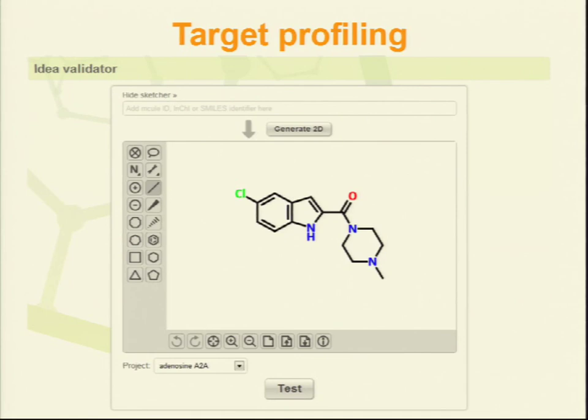Another potential application of the idea validator is target profiling. So if you're working on a project where you need to identify a dual acting ligand, or you are interested in the activities on the whole target family, for example, then you can do that as well.